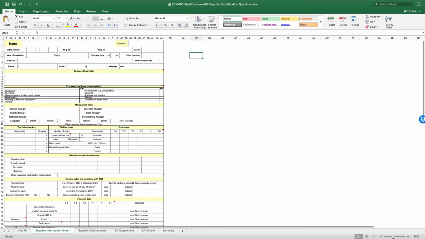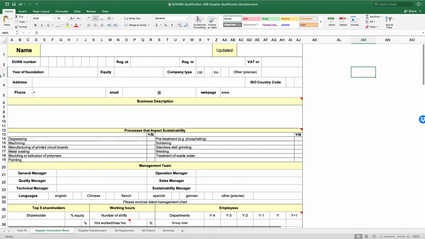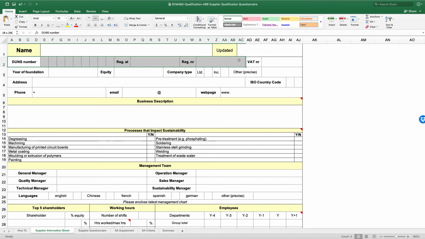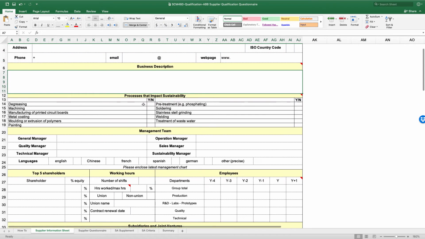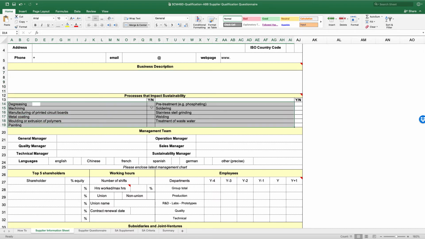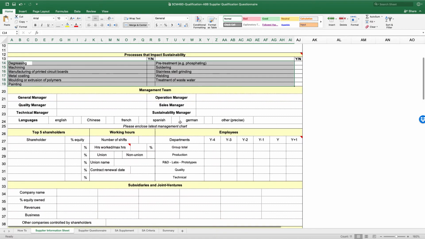So here, basically, ABB asks the supplier to include some general information about the company. Besides some demographics, the business description, if they have some process that impacts sustainability, they have to put a yes or no. Here there is also a comment. So indicate if your business includes any of the following processes, because these are considered by ABB as processes that impact the sustainability aspect.